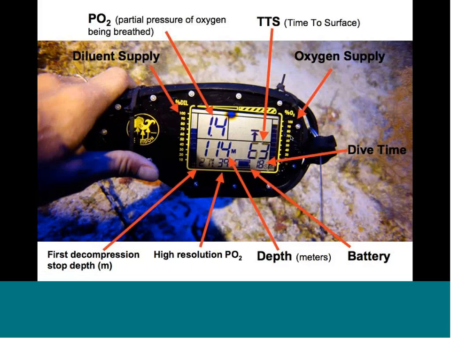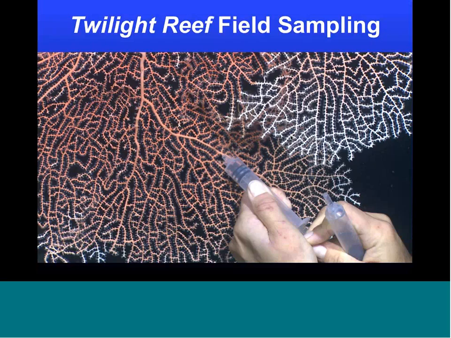Other things I'm doing, I'm collecting coral mucus. I'm looking to see what kind of relationship the Gorgonians are having with their microbes, because Gorgonians have a reduced gut, a very small gut. So if they've got a very small gut, how are they able to eat properly? My hypothesis is that they're gardening bacteria.